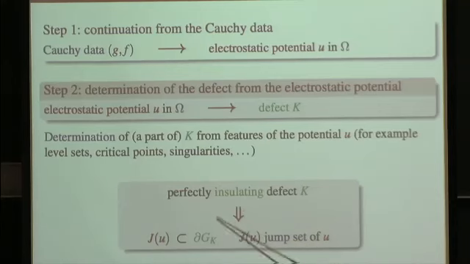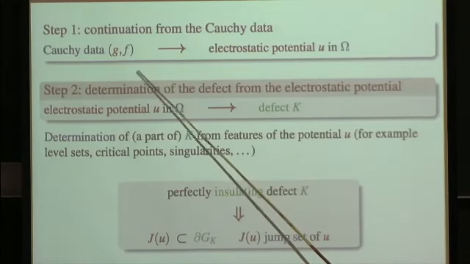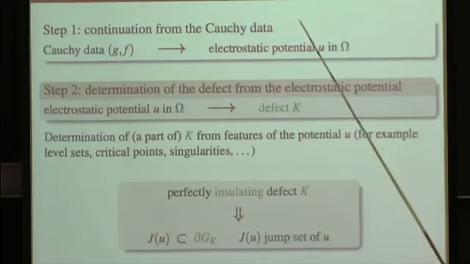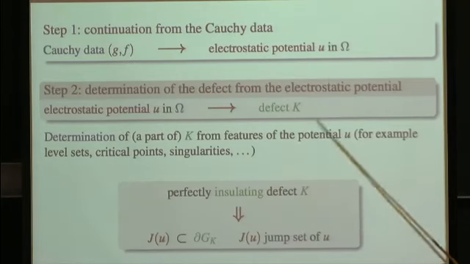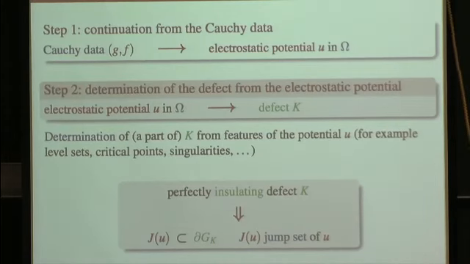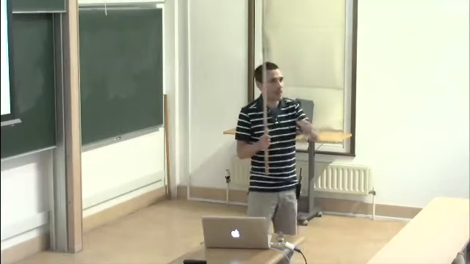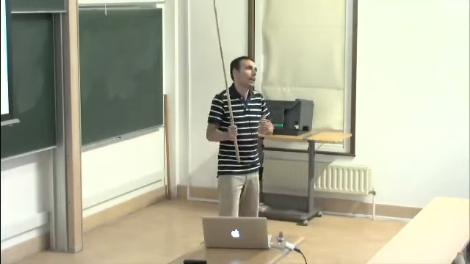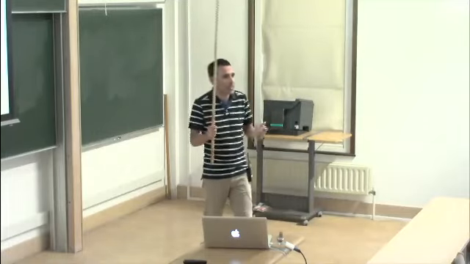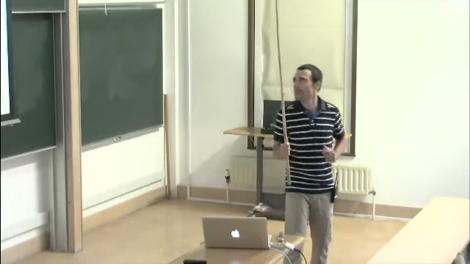So if I'm able to find, from the Cauchy data, the electrostatic potential U, I might be able to compute this jump set, and I find a part of the defect. There might be some parts of the cracks which are invisible to a certain measurement, so you change the measurement, and you hope to find another portion, and you patch up the whole thing, and if you have a uniqueness result, in principle, you should be able to do that.